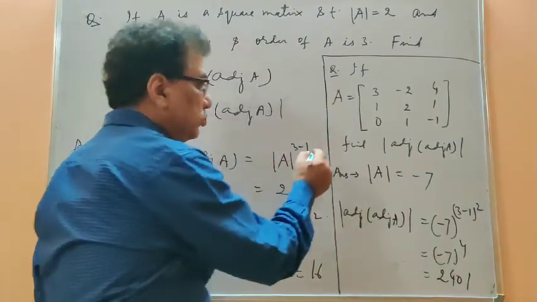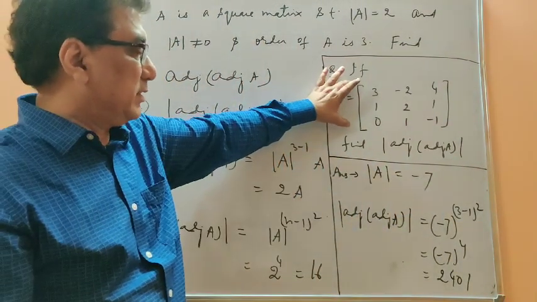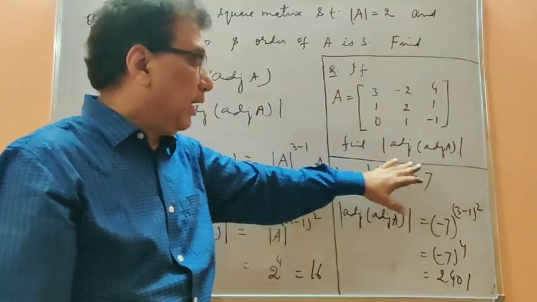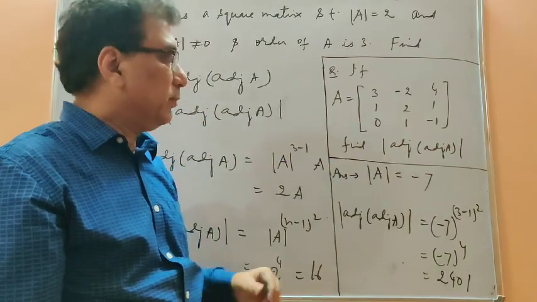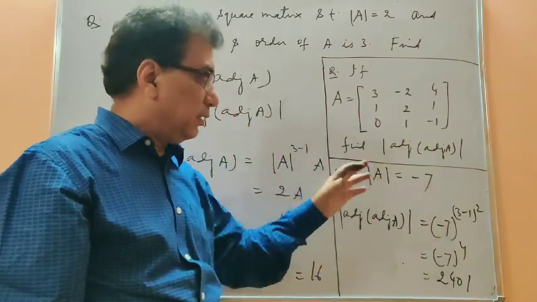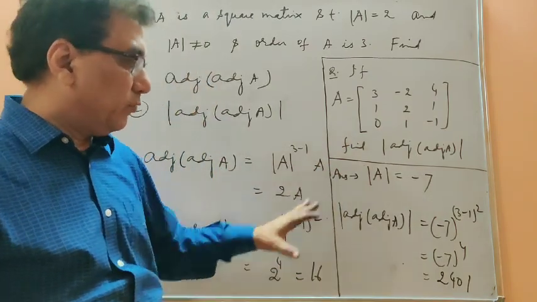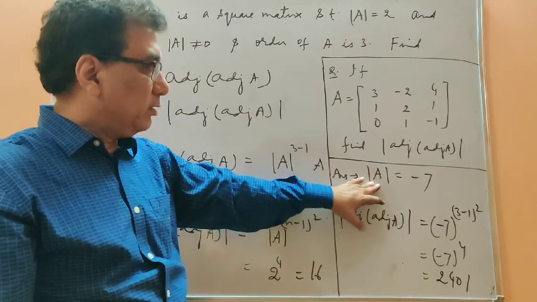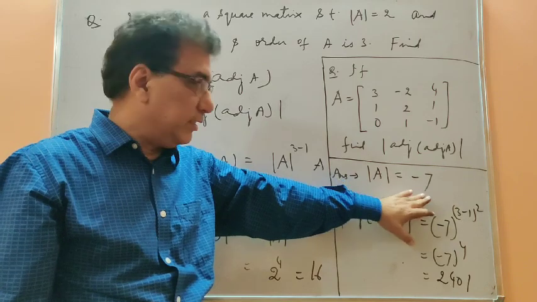Now this is another question in which you are given one matrix and you have to find the determinant of adjoint A. And if you don't know the formula, see how difficult the question is, because first we have to find adjoint A, then again adjoint of that matrix, then we have to find its determinant. So we have the advantage of using the theorem here. First we will find out determinant of this matrix, which is minus 7. I have already calculated it.